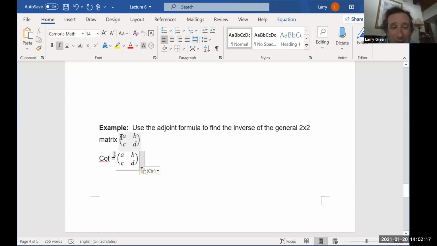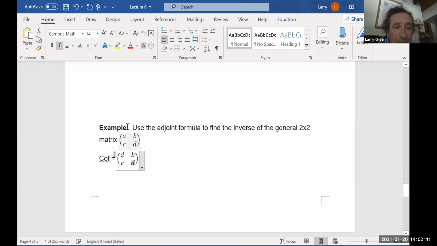If you get rid of the first row and the first column, all you have is D. So the determinant of a number is just the number. Any questions on that so far? Okay. And -1, by the way, to the 1 plus 1 is just 1. So it really is just D.